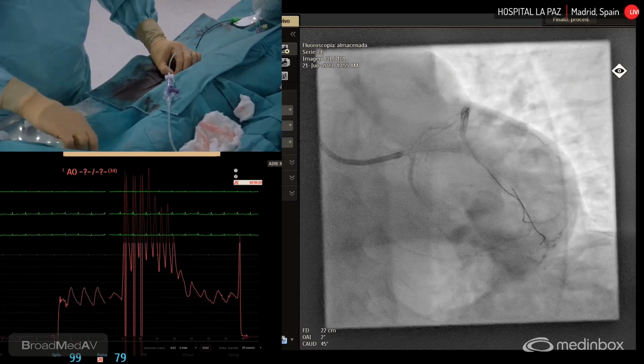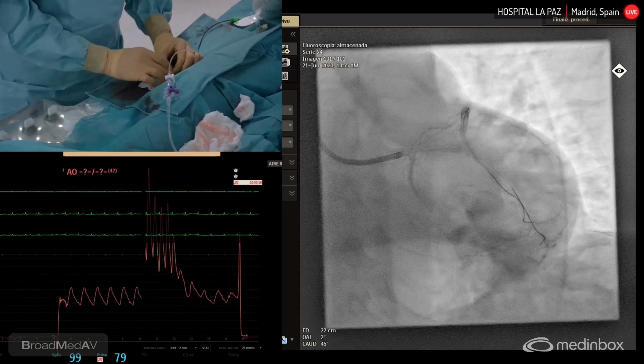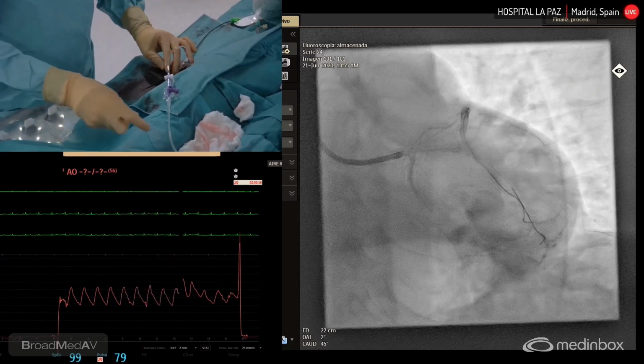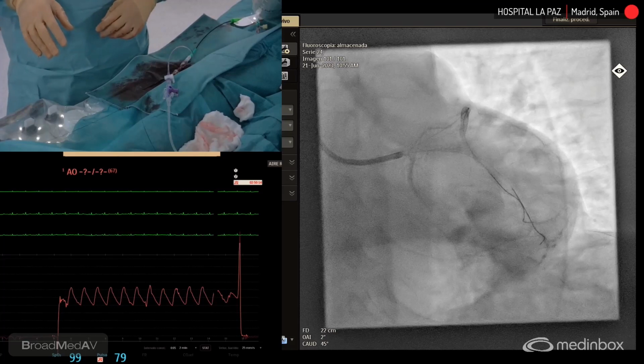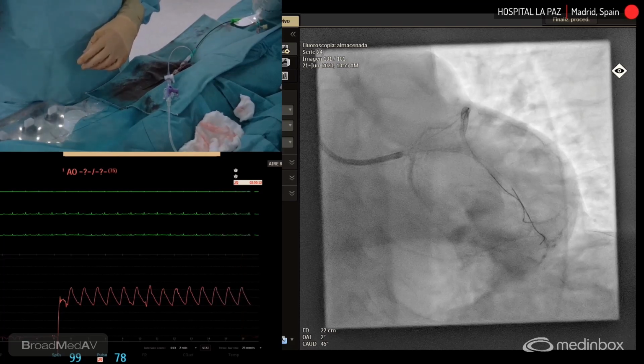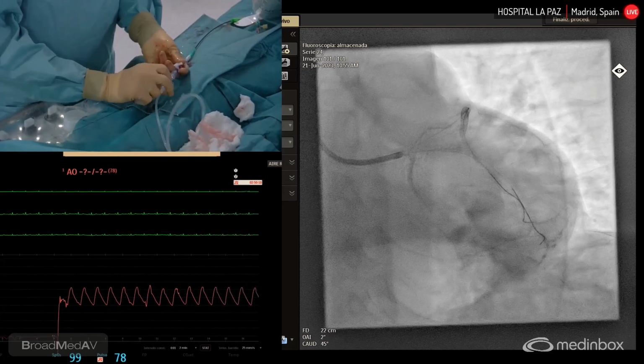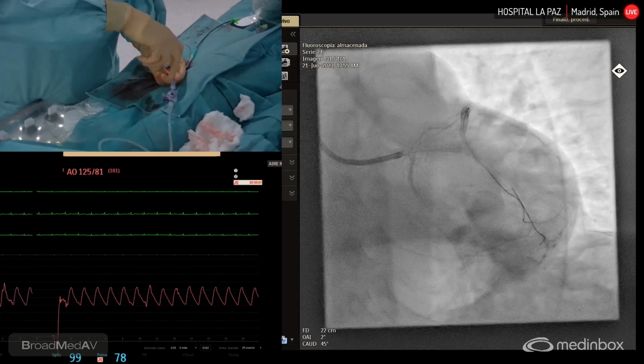Okay, there. We're going to administer nitroglycerin again. Perform an angio and then the final IVUS.